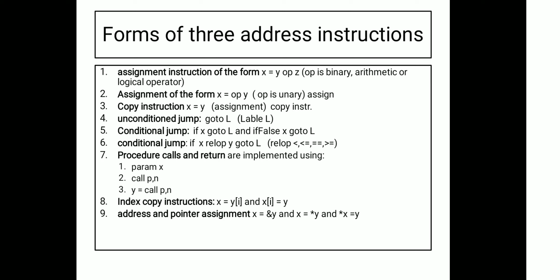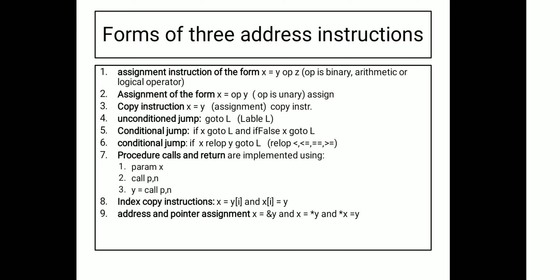There are various forms of 3 address instructions. The first form is the assignment instruction form: x equals y op z, where op is a binary operator, for example x equals y plus z or y into z. That form is called 3 address code form.